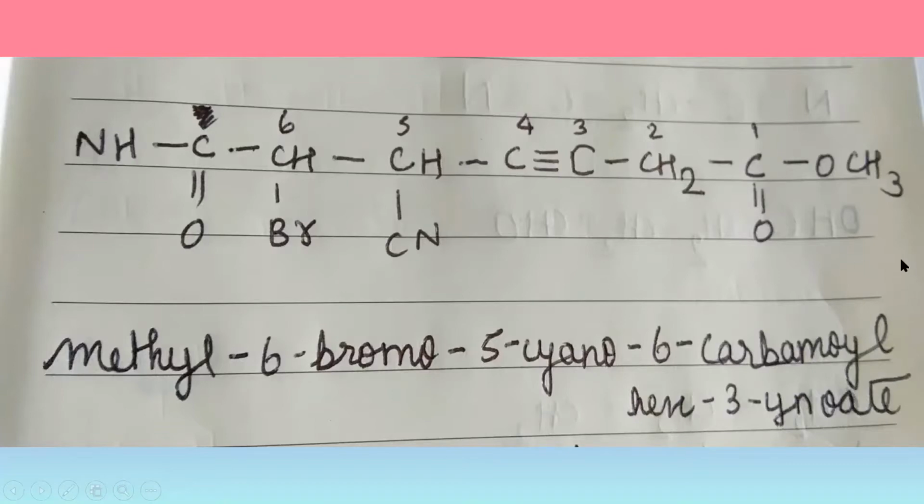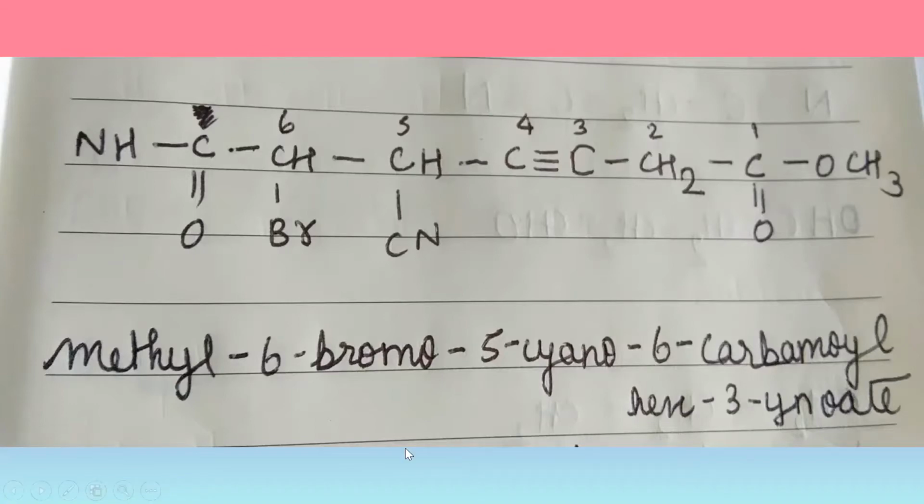After writing that, we name the alkanoate part. We start with the substituents, and whenever we write down the substituents, we write them in alphabetical order. So the B of bromo comes first, then the C of cyano, and then the C of carbamoyl.